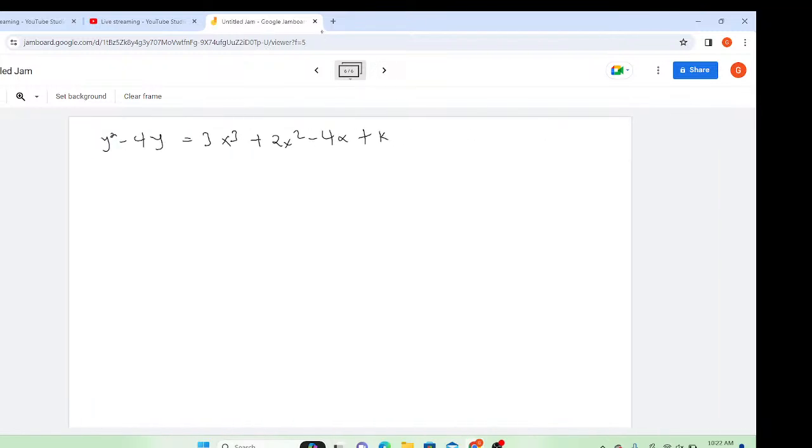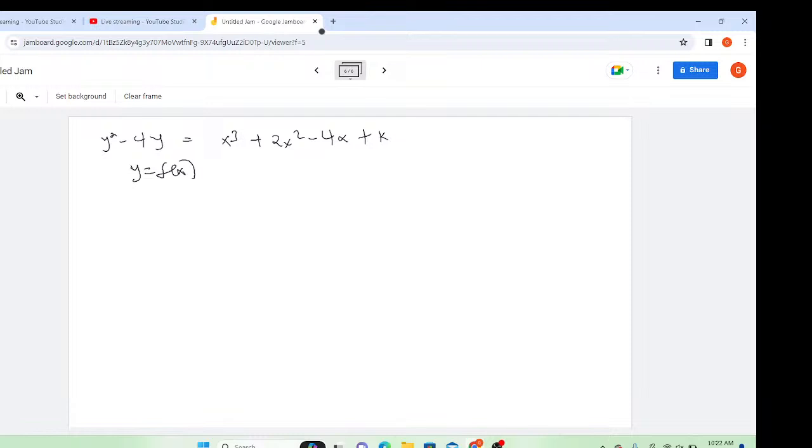So there's no 3 here. Now realize that when you want to find a solution to the differential equation, our solution should always be y equals something, a function of x. But in this case, we don't have y standing out explicitly, so we can try and make y the subject.